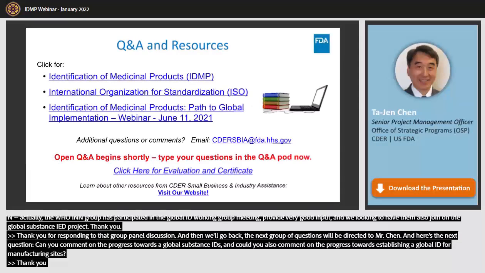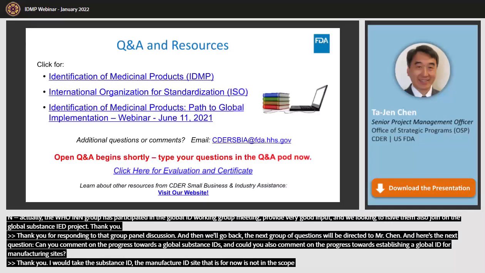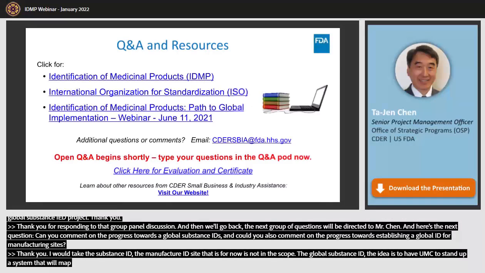Thank you. I would take the substance ID. The manufacturer ID side is, for now, not in the scope. The global substance ID, the idea is to have UMC stand up a system that would map, like Ron mentioned earlier, FDA's UNII and EU's, I think it's EU SRS, to the global substance ID.